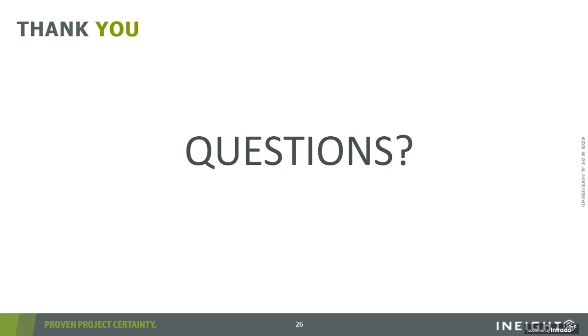Good question, Randy. InEight actually offers both options. We have predetermined out-of-the-box KPIs that come with the solution in the dashboards and the reports. However, when we talked about the different cloud stacks, we chose Microsoft Azure as our cloud stack of choice, which allows us to integrate Power BI, and you have the ability to customize whatever KPIs you may be interested in.